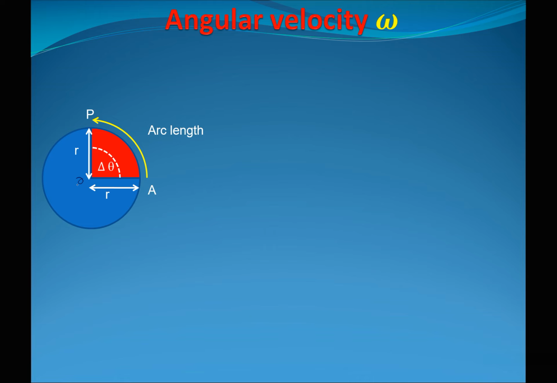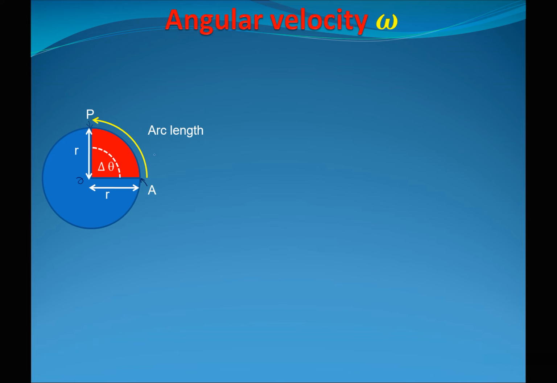So remember, as the object moves from A to P, it moves at a constant curvilinear speed, which we shall call V.